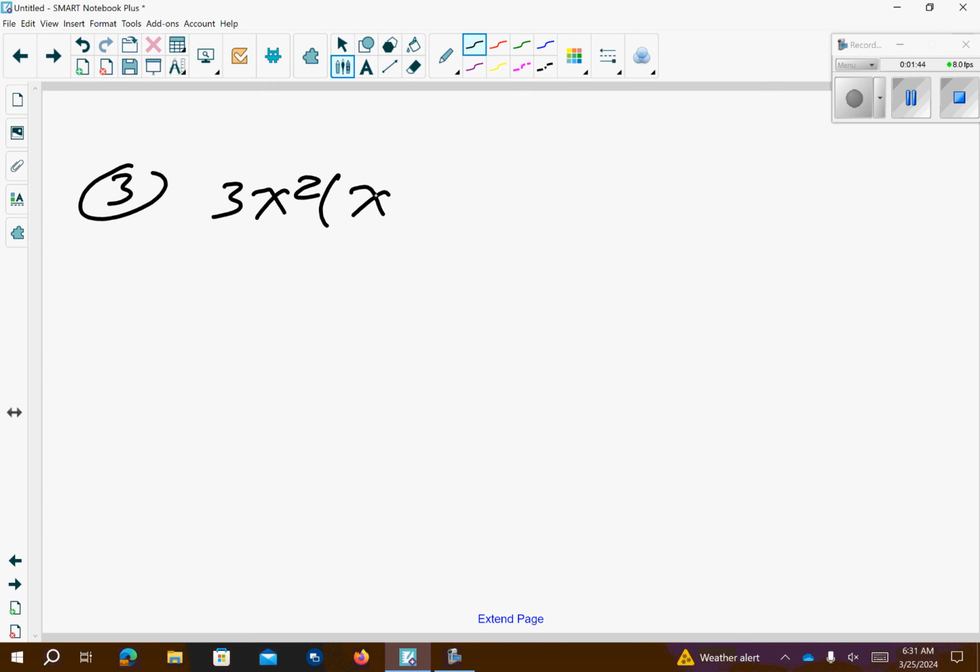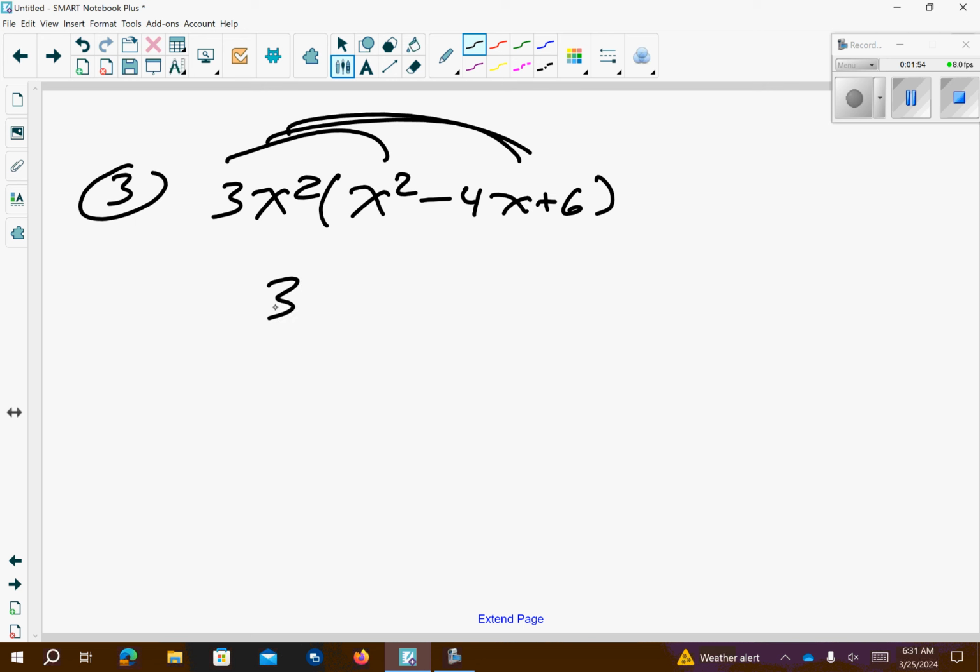And I have 3x squared times the quantity x squared plus 6. So we're just going to distribute over the parentheses. So I get 3x to the fourth minus 12x to the third plus 18x squared.